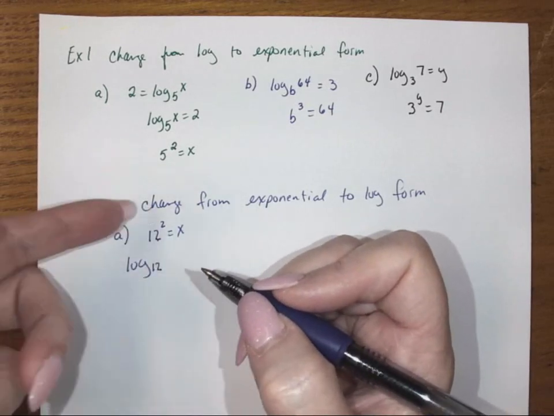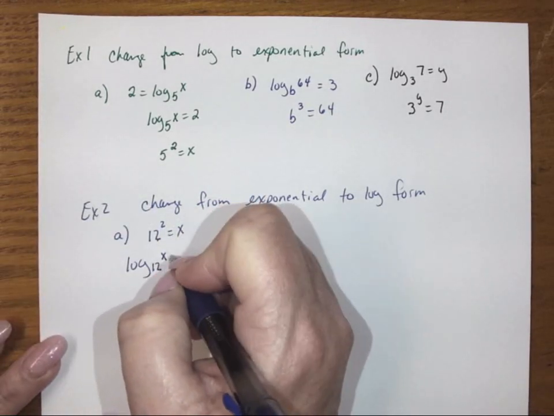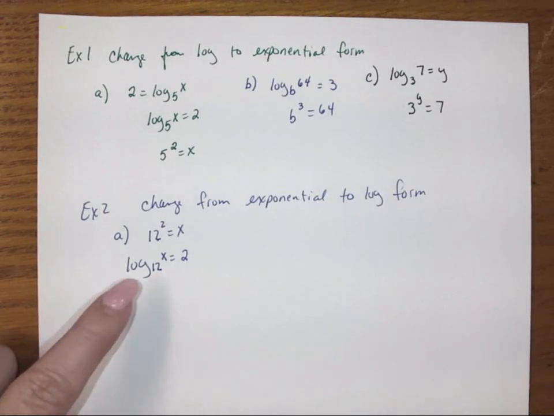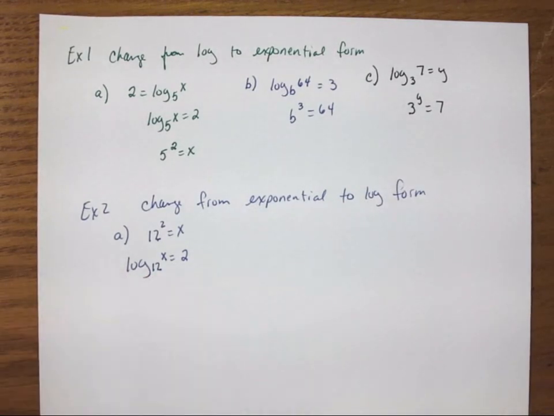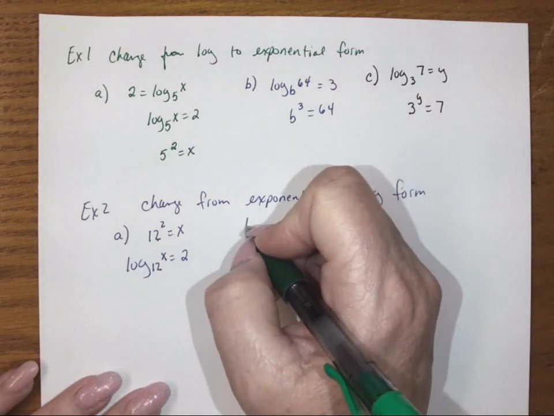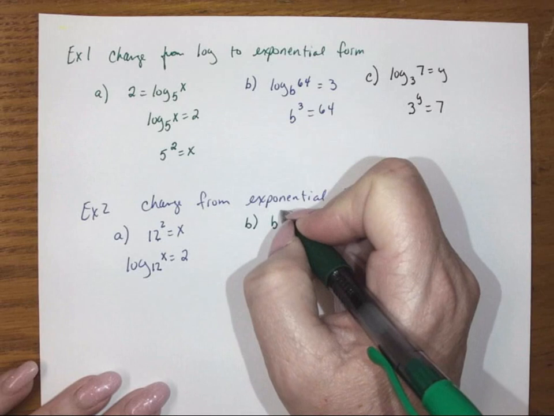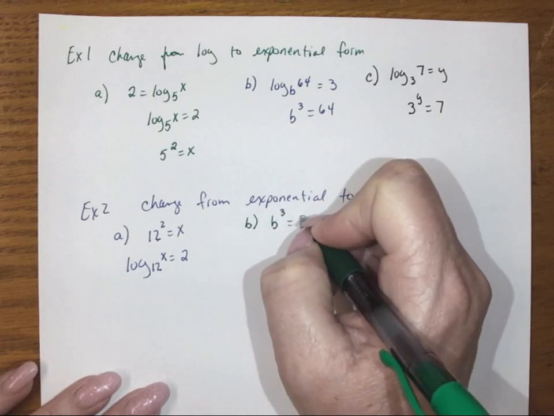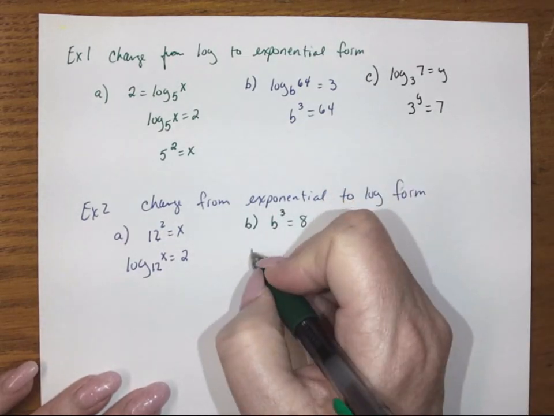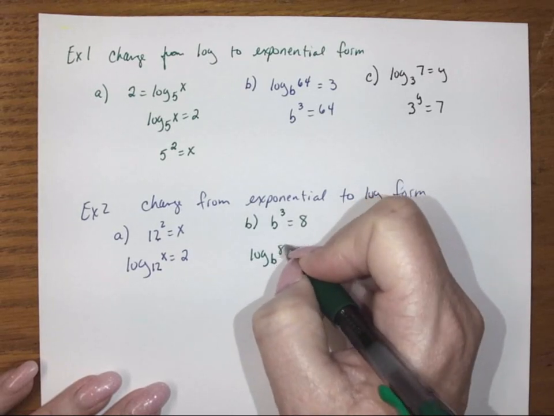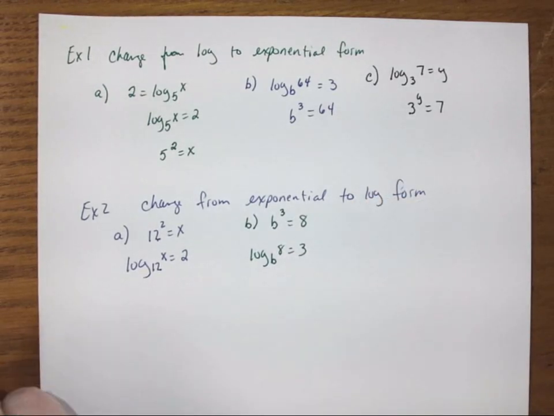And visually, the x and the 2 will change places. That's not mathematically, just visually. For part B, we have b cubed equals 8. So this will be log base b of 8 equals 3.